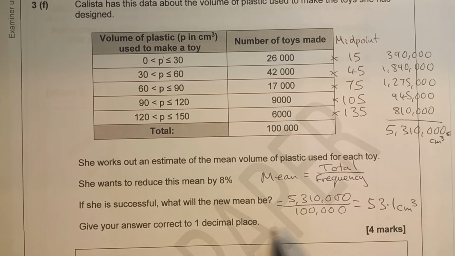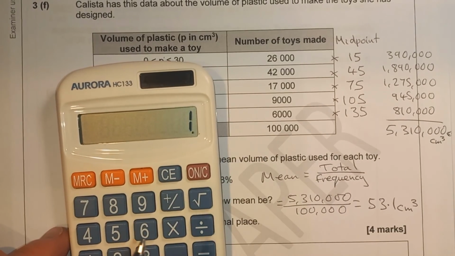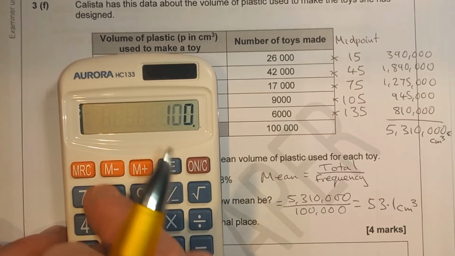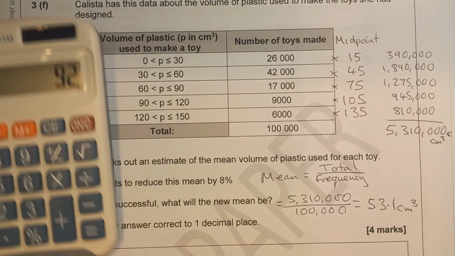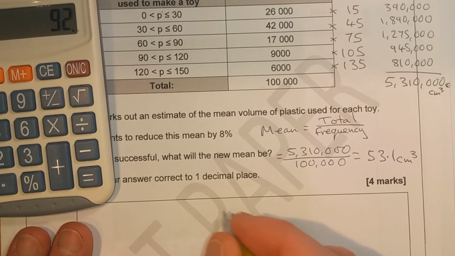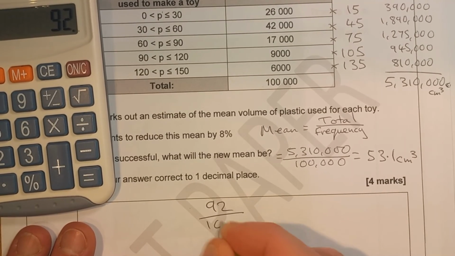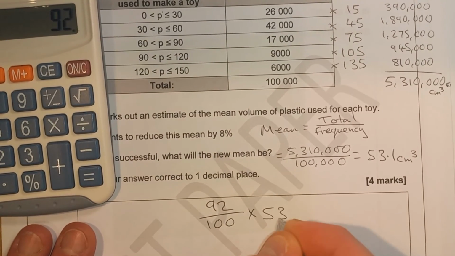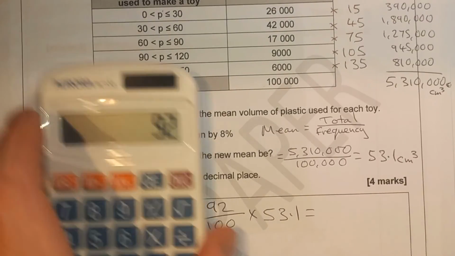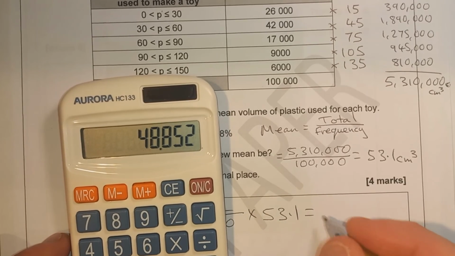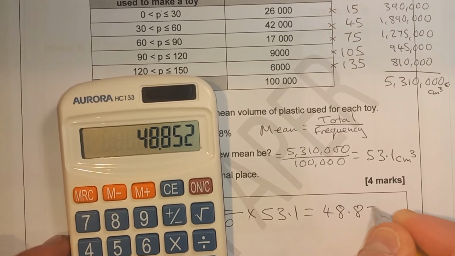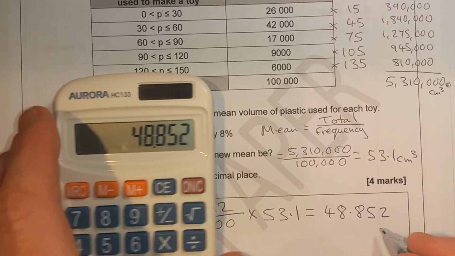Okay, so we could work out what 8% is and take it off, but I'm going to do a shortcut. I'm going to say, well, if we're reducing it by 8%, well, 100% would be all of it. If we're reducing it by 8%, we want to work out what 92% is. So we can say 92%, or 92 over 100, times 53.1 gives us 48.852.